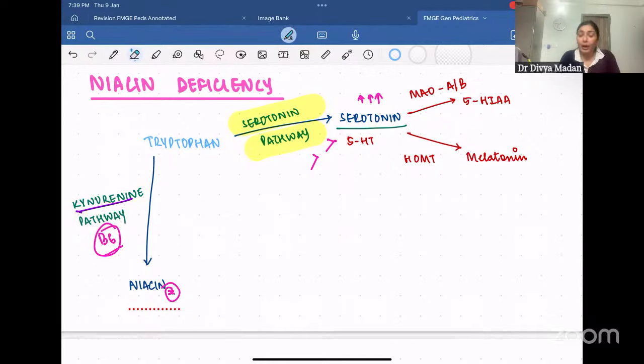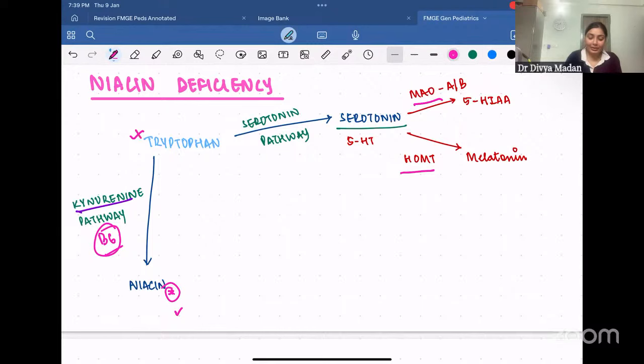right? Apart from that, this tryptophan is also used for the production of serotonin by the serotonin pathway. The serotonin further forms melatonin by HOMT enzyme and 5-HIAA, that is the metabolite, by MAO-A and B enzyme, right? So whenever there is tryptophan deficiency, there's going to be niacin deficiency, right?